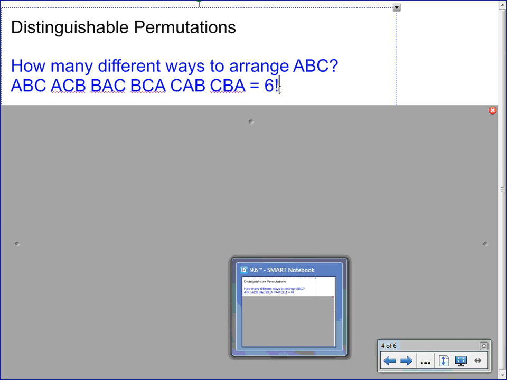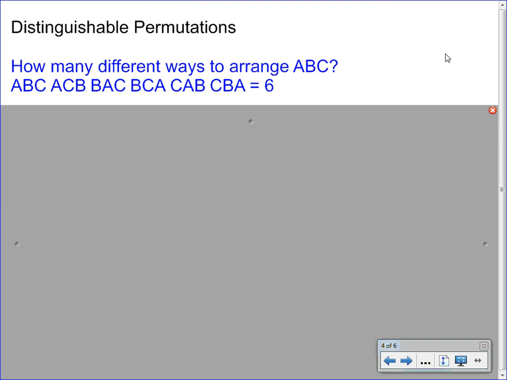It should be 6, right? Yes. And 6 is 3 factorial, because I have 3 letters I'm permutating, right?